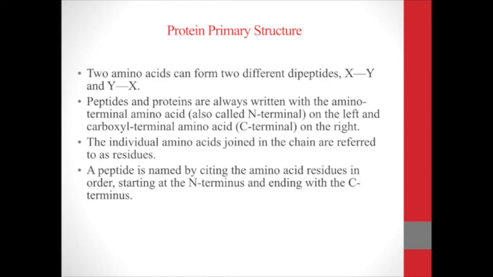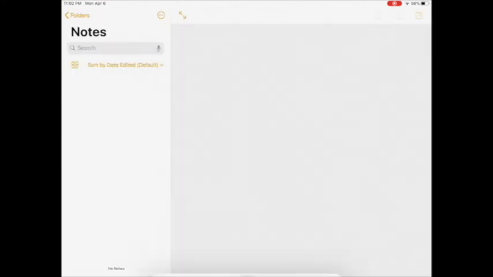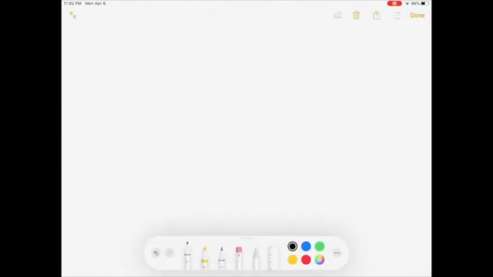Okay, so in the peptide backbone or the peptide bonds, you can have many different amino acids in the peptide. So here it says 2 amino acids can form 2 different dipeptides. So just to give you a look here, if I had, let's put alanine and glycine together.